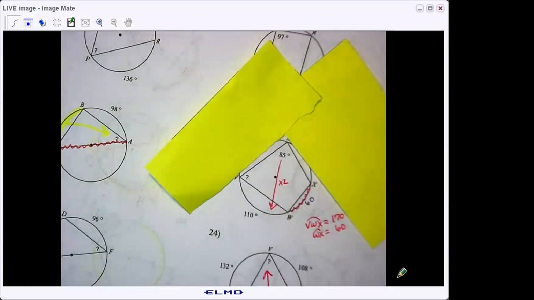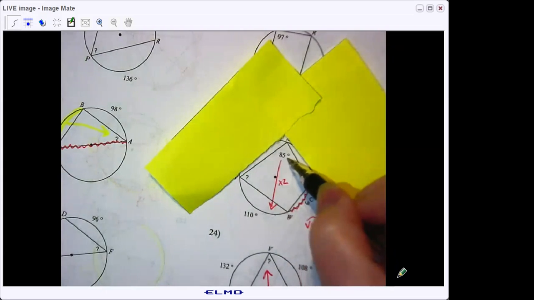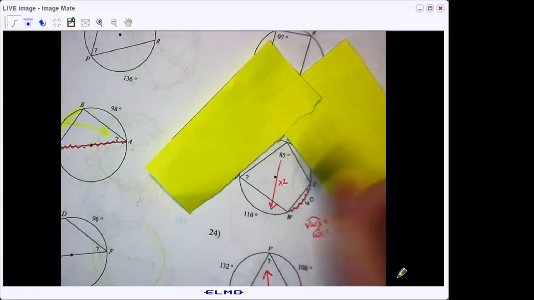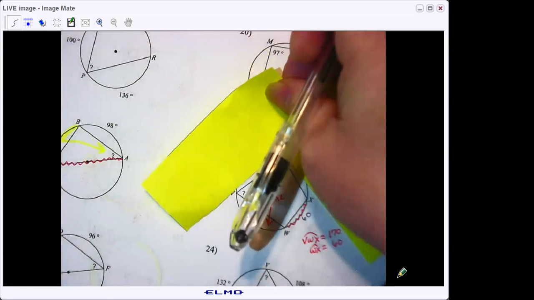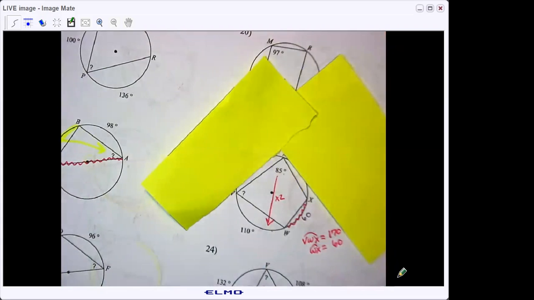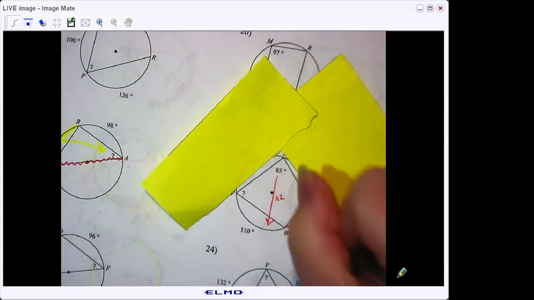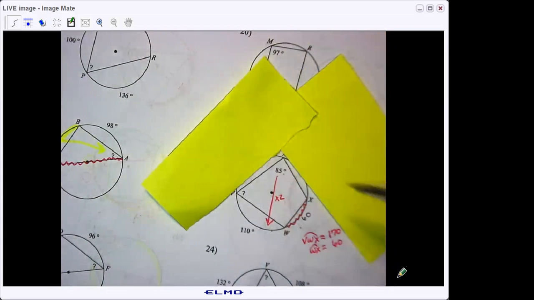I have a question. What happened to, when do you use dividing by 2? When I start with the arc and I have to go to the angle. Okay, but yes, when I go from big to small, I'm going to divide by 2.